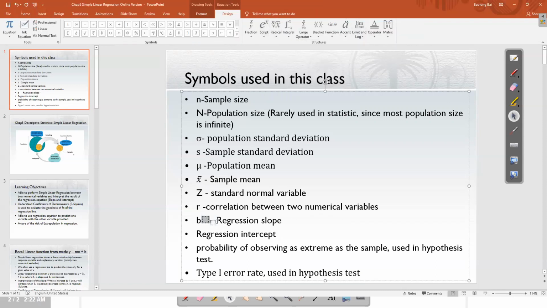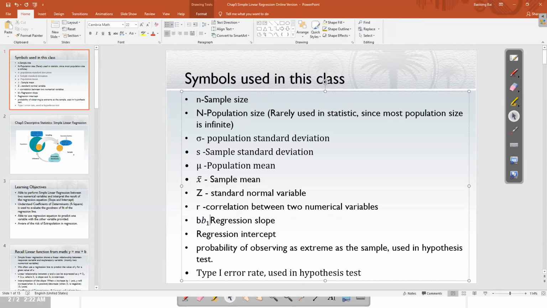So that's the regression slope. And the regression intercept is B0. So just a notation change. Instead of using M and B, we use B1 and B0.